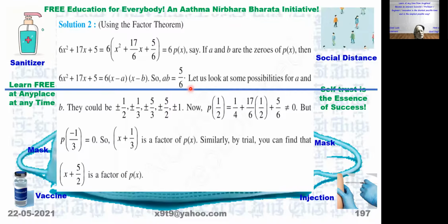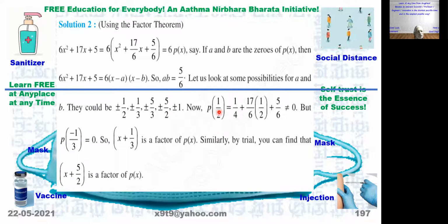So 1 into 6 is not going to give us the required thing, so we will try to use this 2 into 3 here. So although we can have 1 by 2 and 1 by 3, the sign can be positive or negative, 5 by 3 and 5 by 2.